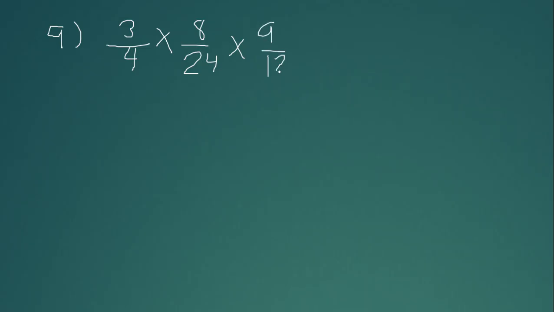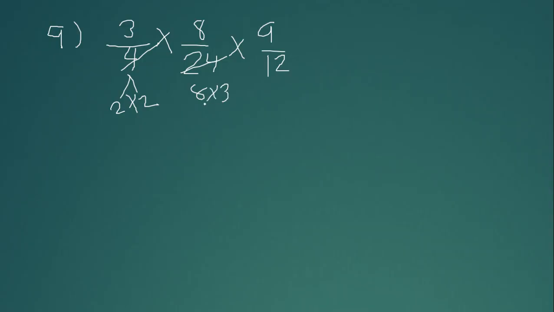Number 9. Example, we have 3, 4 times 8, 24 times 9, 12. So from this given, I use cancellation method. 2 times 2, 8 times 3.